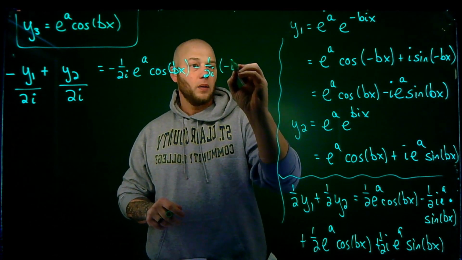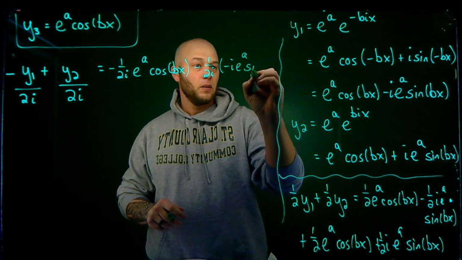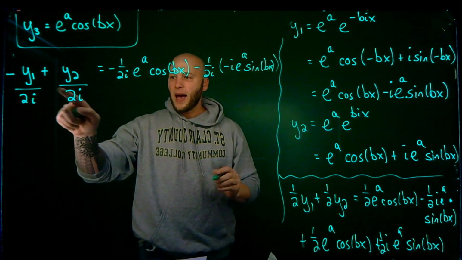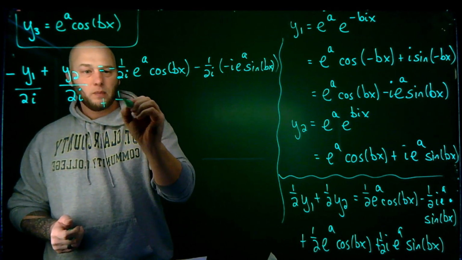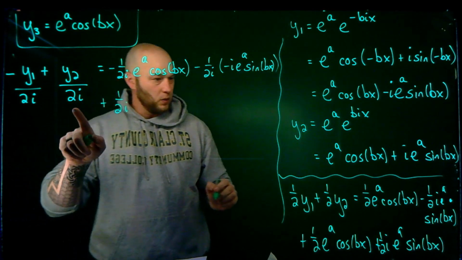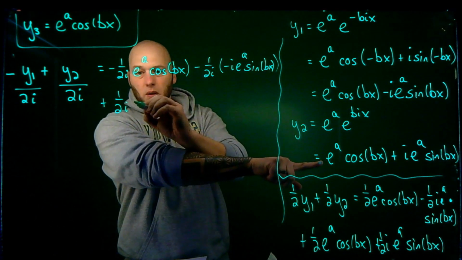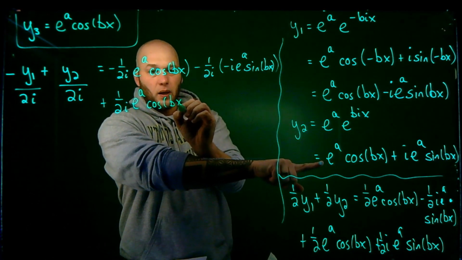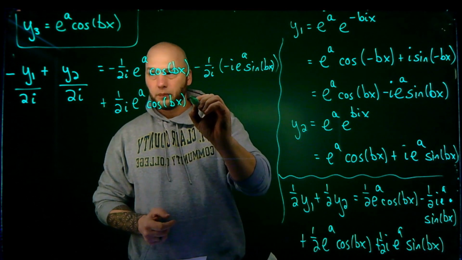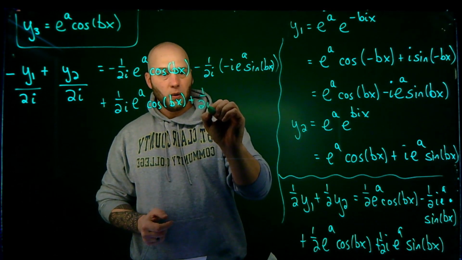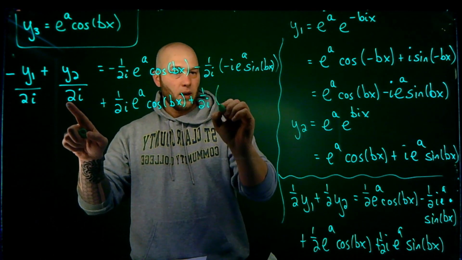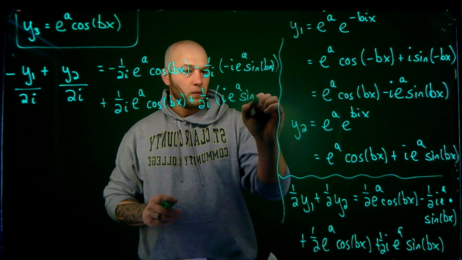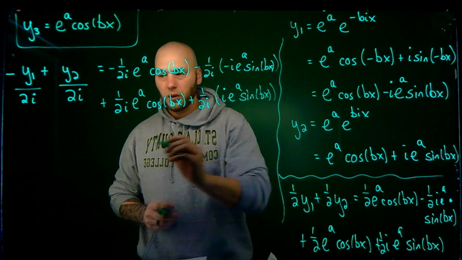And then I'm going to add 1 over 2i times y2, which was e to the a cosine of bx plus 1 over 2i, so that's this coefficient, times i e to the a sine of bx.